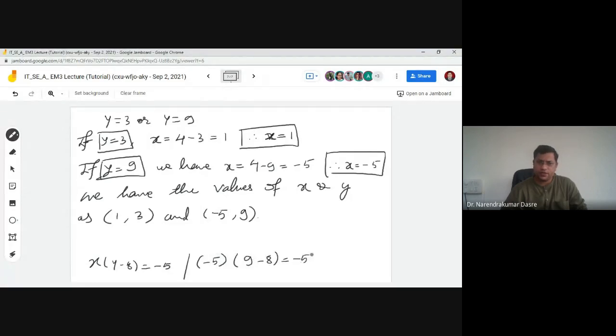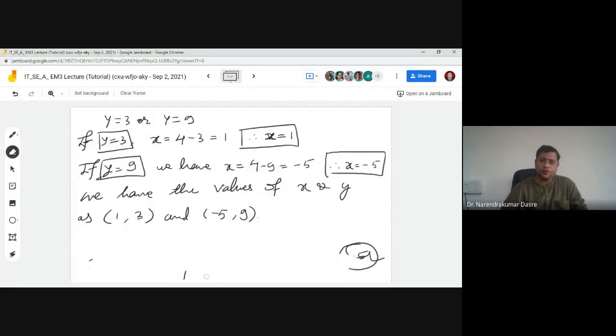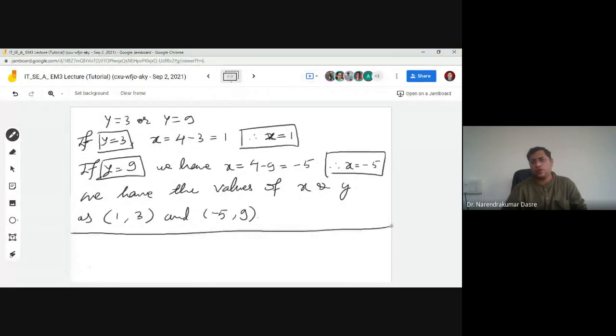So it is minus 5 times 1, and that is minus 5. So both these pairs satisfy both the conditions which we have, and hence both the pairs are the values of x and y for which this matrix will have the eigenvalues 5 and minus 1.